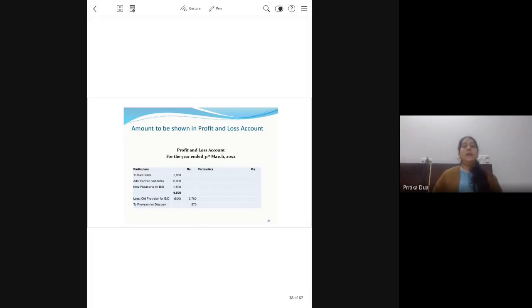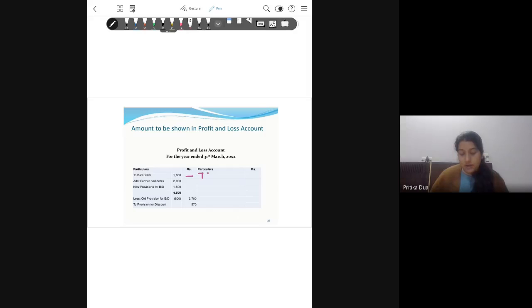So you can see here in the profit and loss account, और ये जो पहले बैड डेट्स आपको दिए हुए हैं 1000 के, ये आपके ट्रायल बैलेंस में दिए हुए थे, डेबिट करें. फर्दर बैड डेट्स आपकी एडजस्टमेंट का फर्स्ट इफेक्ट है. न्यू प्रोविजन इज एडेड, दैट इज द सेकंड इफेक्ट. ओल्ड प्रोविजन हैज कम फ्रॉम द ट्रायल बैलेंस, एंड प्रोविजन फॉर डिस्काउंट इज द थर्ड एडजस्टमेंट given to you.